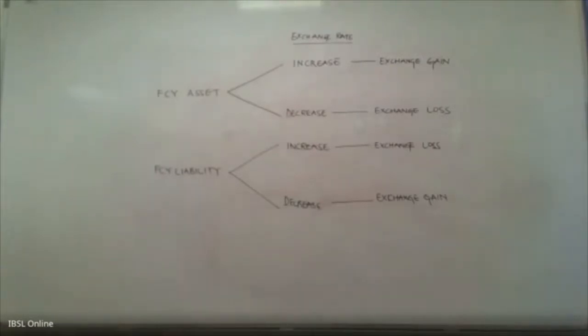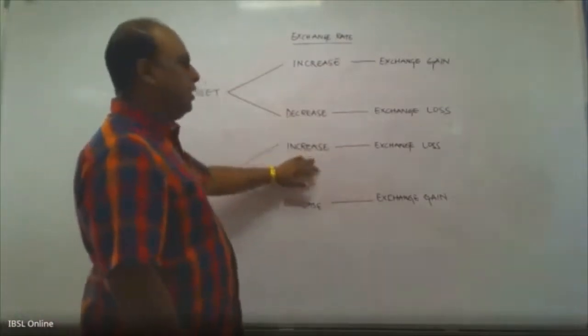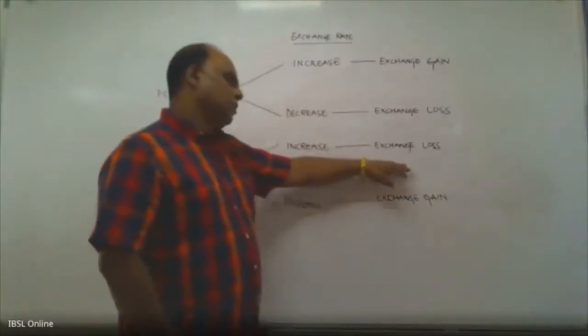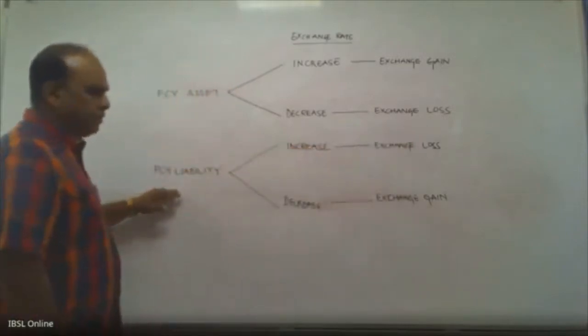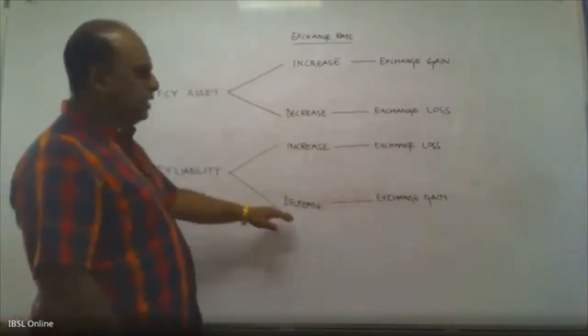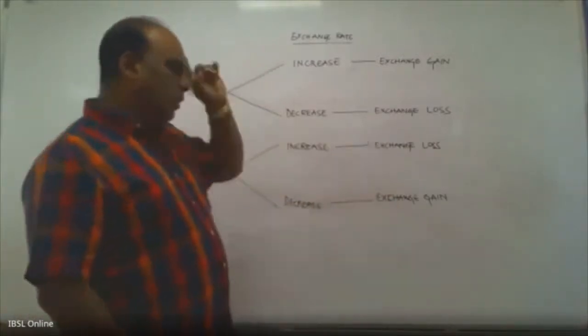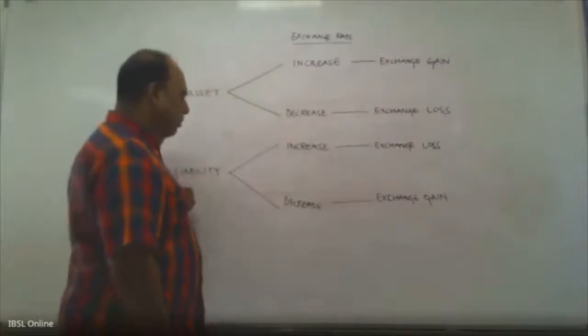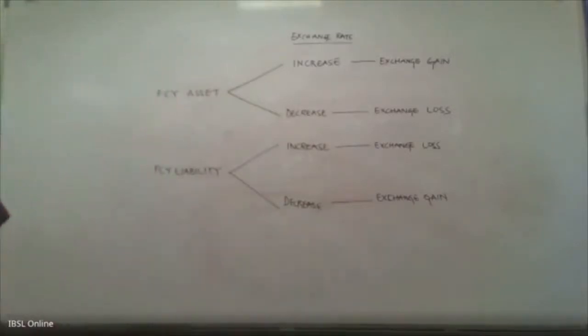Similarly, when it is a foreign currency liability, if the exchange rate increases, you will have an exchange loss. So again, debit the P&L, credit the liability account. If it is a decrease, then you will have an exchange gain, means you will credit the P&L and debit the liability account. So you have to be thorough with your journals, the impact, what you will do.